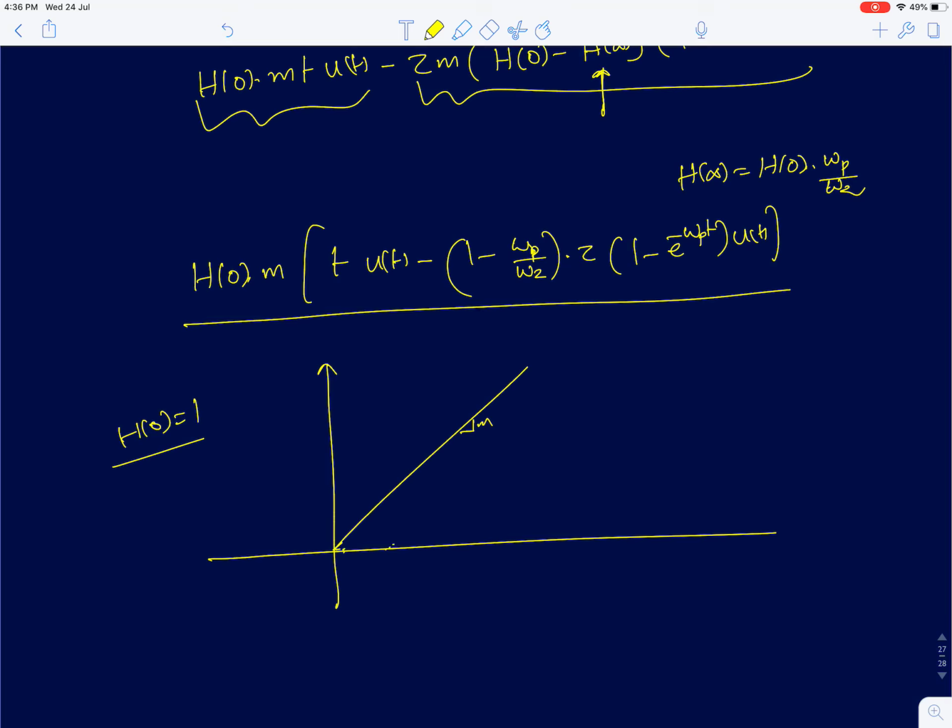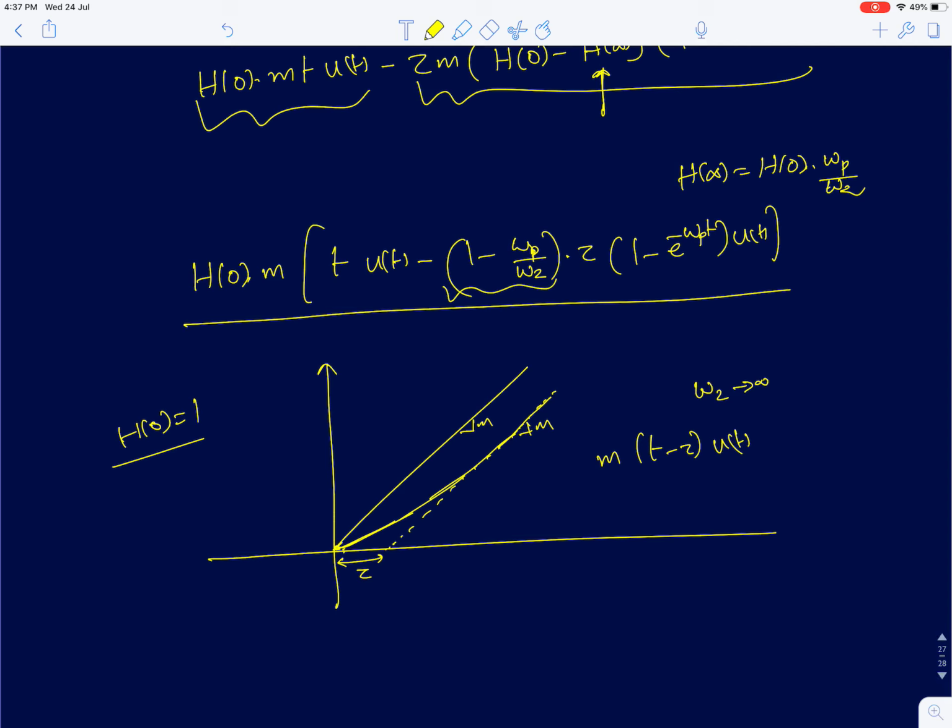The response of a first order system, where omega z is infinity, would be delayed by tau seconds, and the output would gradually reach the delayed version. The slope will again be m, but the output will eventually reach t minus tau into u of t.